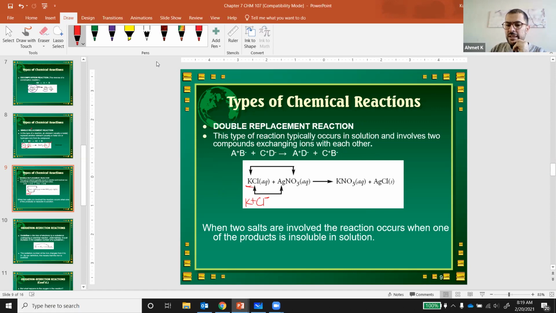And then you have this guy here, which is silver nitrate, and we know that silver is a metal, so silver is plus, and then you have nitrate, NO3. Okay, maybe I can write the anions in blue so that it's going to make more sense.